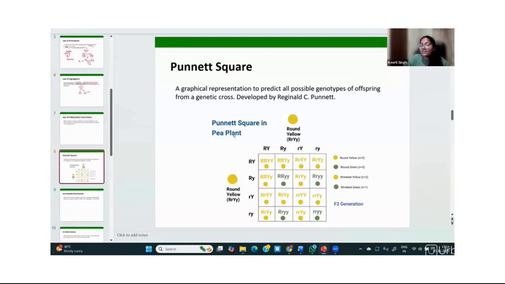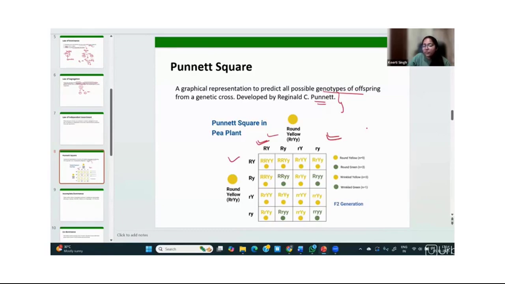This graphical representation of the genotype of the plants forming the gametes and the resulting offspring is done in a very stepwise manner, in the form of a Punnett square, a square having many grids, where we can generate the types of gametes from the two plants.